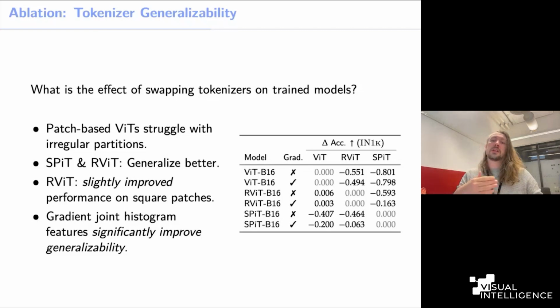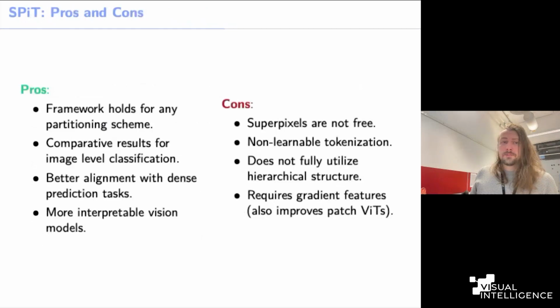And also the SPiT model generalizes quite well. However, the random Voronoi tessellated model actually improves when you go to the square patch size, as you see in the fourth row here. So that was quite interesting.